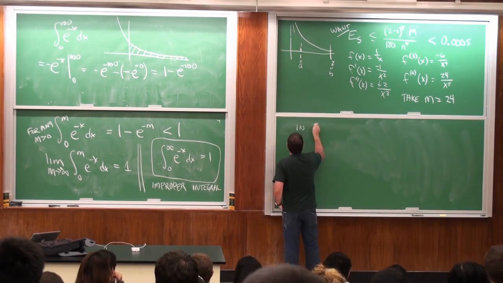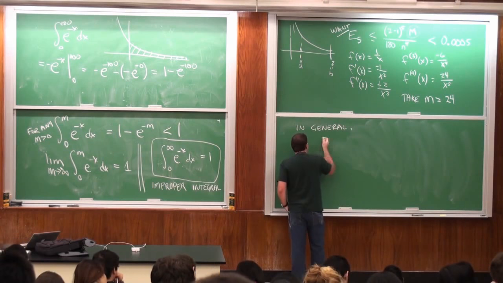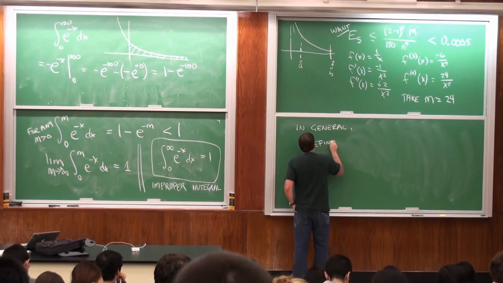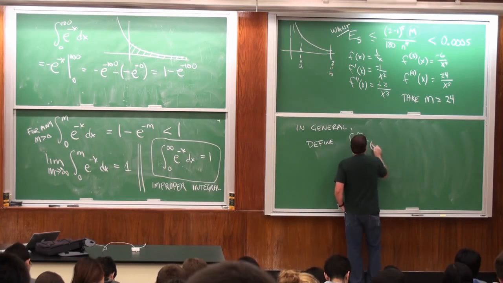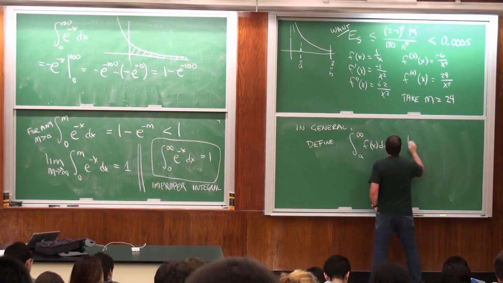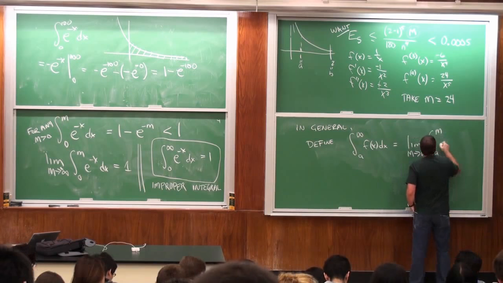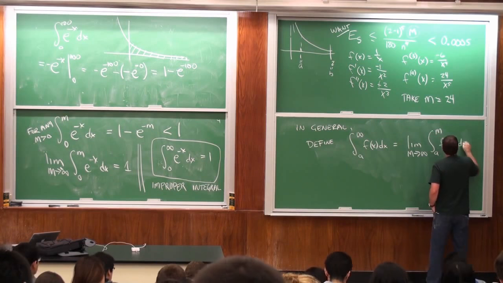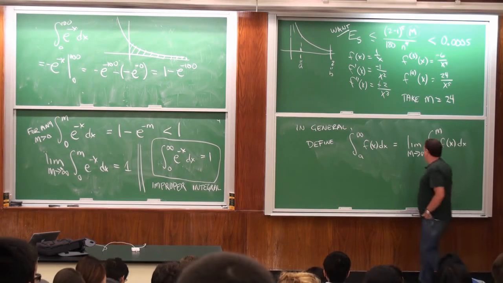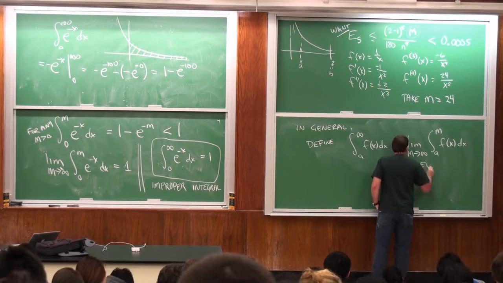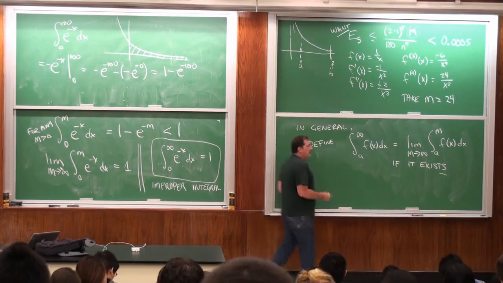So in general, we define the integral from any point to infinity to be the limit as the upper bound goes to infinity, if it exists. If it doesn't exist, that limit doesn't exist.